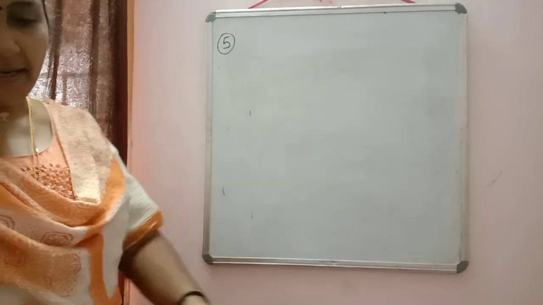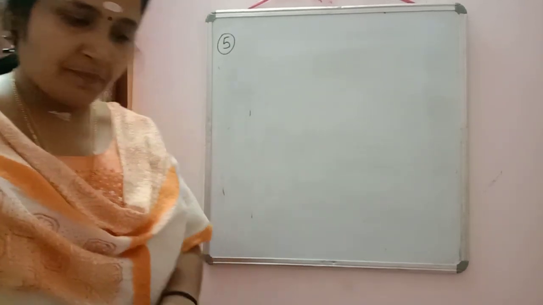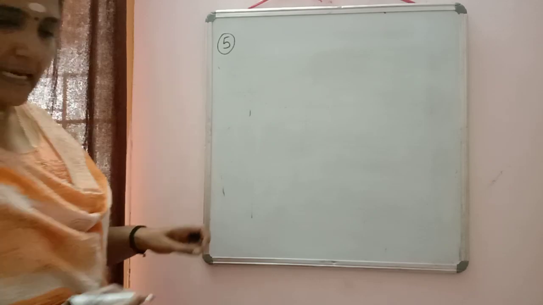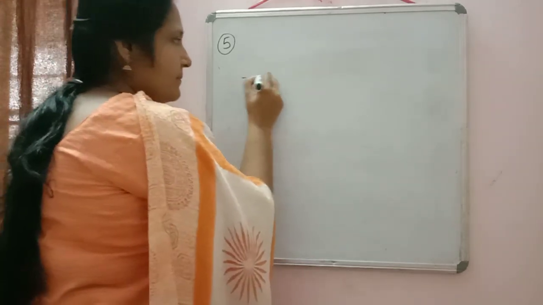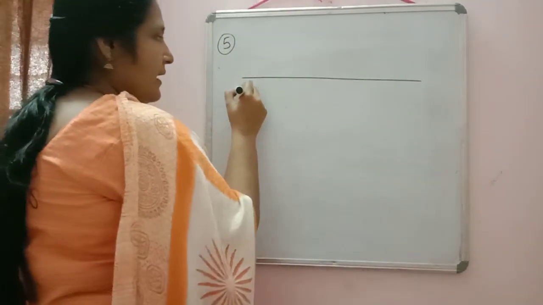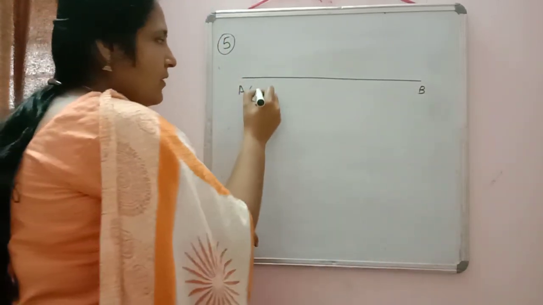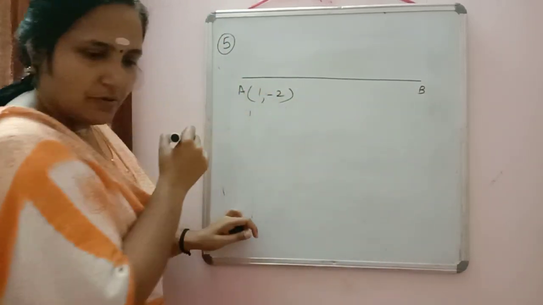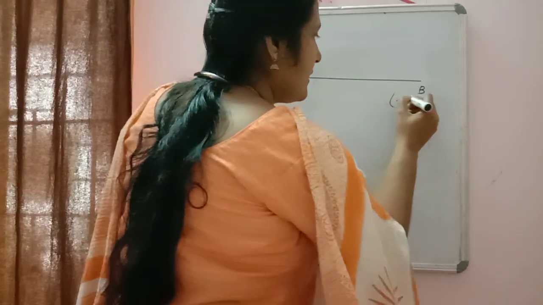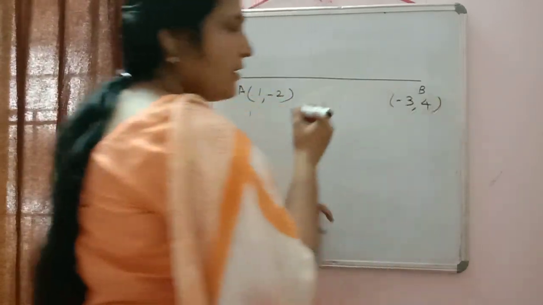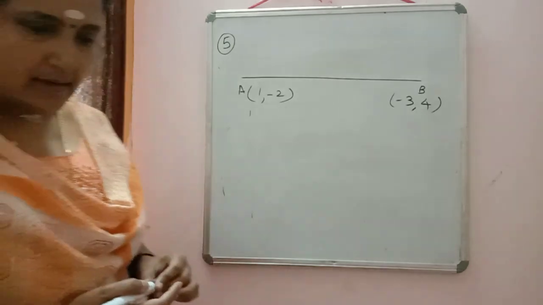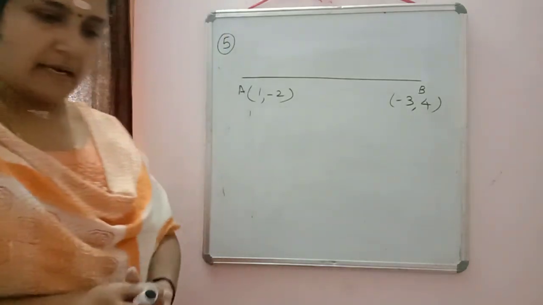Next question is, find the coordinates of the point which trisect the line segment joining A, B. Coordinate of A as 1, minus 2 and B we have taken minus 3, 4. Now it was written which trisect the line segment.